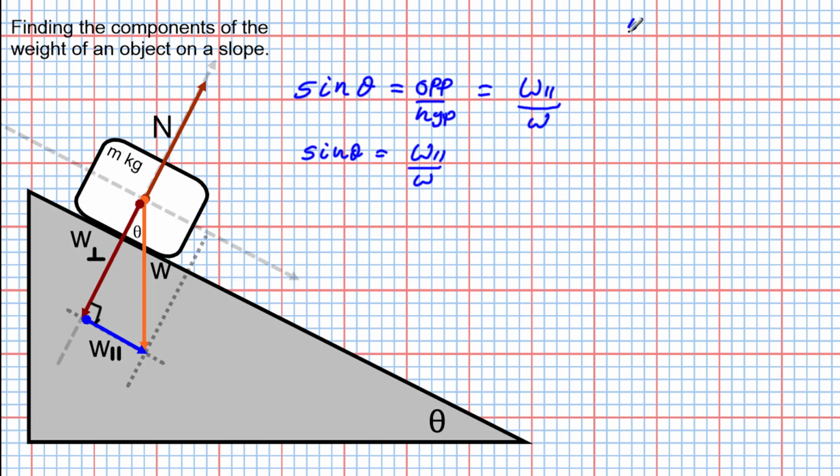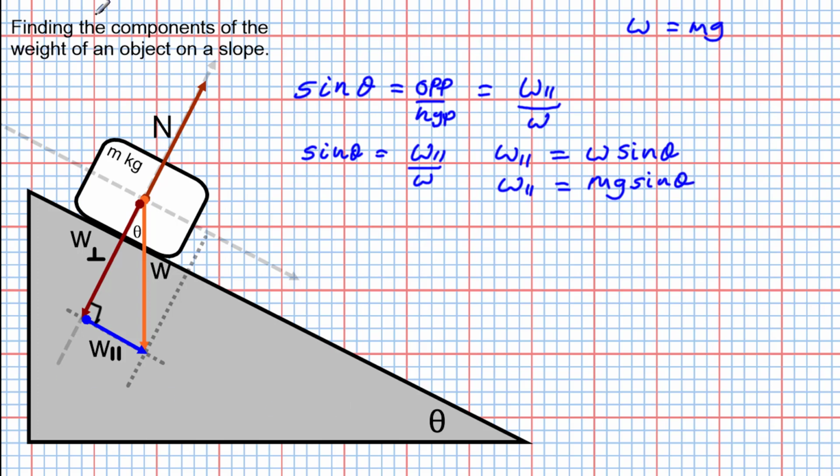And we also know that the weight is always equal to mg, so we can rearrange this to give us that the weight component parallel to the slope is going to equal W sine theta, and we know we can replace the W by mg, so we have mg sine theta.